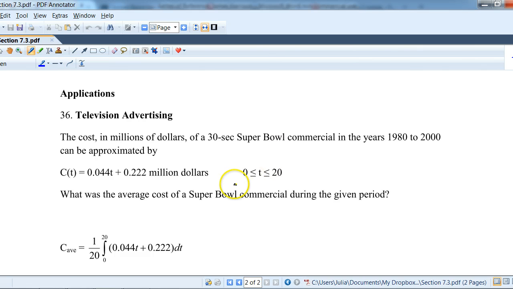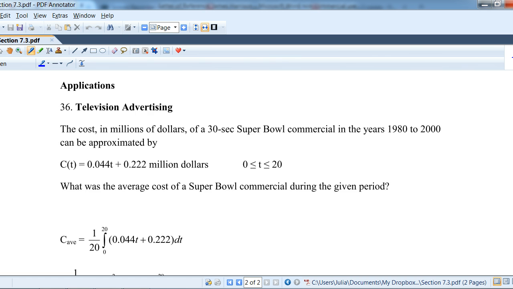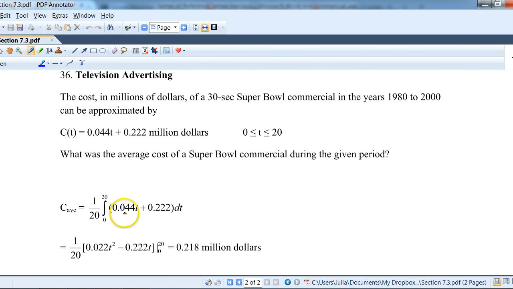So you may guess, we can set this up as 1 over 20, that's the length of the interval, times the integral from 0 to 20 of the function, times dt. And for the antiderivative, again, I keep the constant, and 0.044t squared over 2 becomes 0.022t squared.